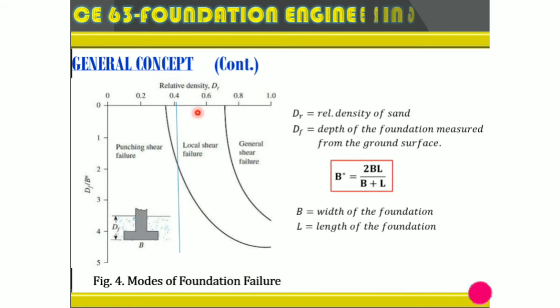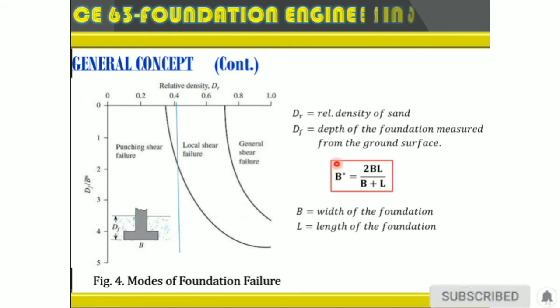But in case you consider the local shear failure in your design, you must be at this point until this point, so you can select any point here and extend to this one, and you can get your corresponding Df over B asterisk, and consequently you can have an estimated value of your depth of footing.